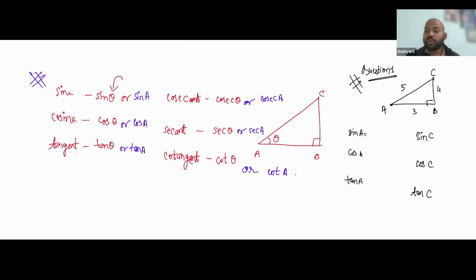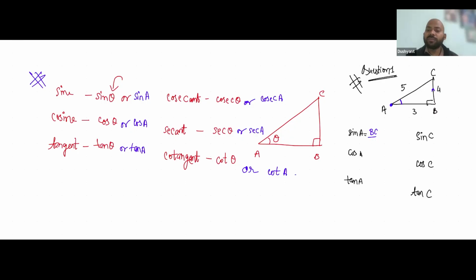Which side is going to be my opposite side? That's BC, it's going to be my opposite of A. And over hypotenuse. Hypotenuse is fixed, there will be no change.